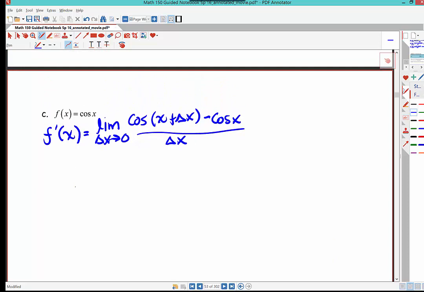Now we're going to need to use some tricks here. The first trick is what? Beautiful. Cosine at a plus b is going to be equal to, great, cosine a times cosine at b minus sine at a times sine at b. And what else do you think we might use?